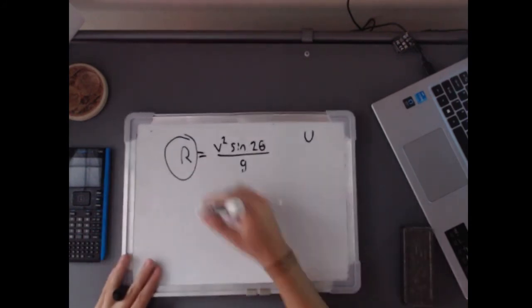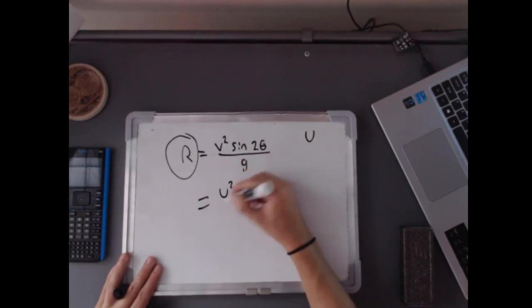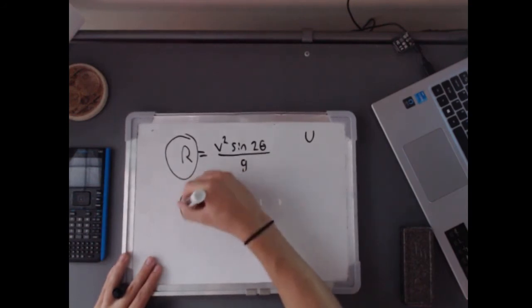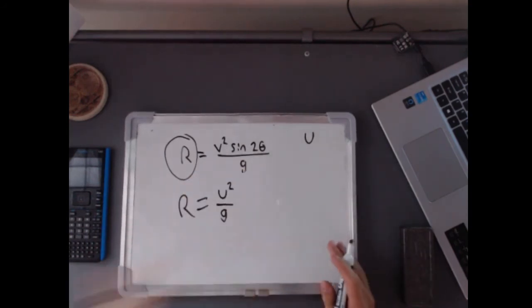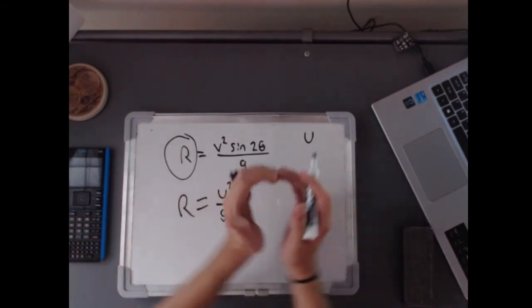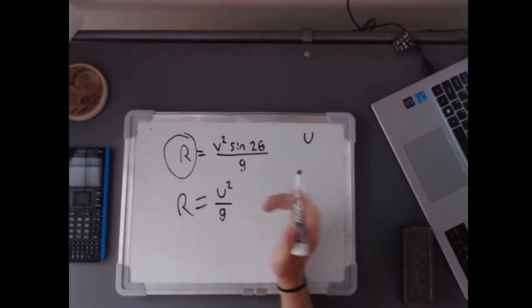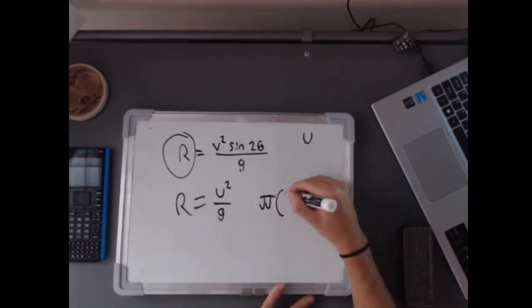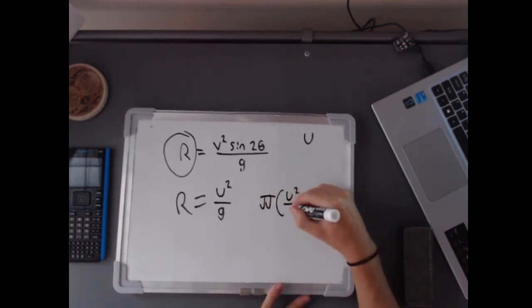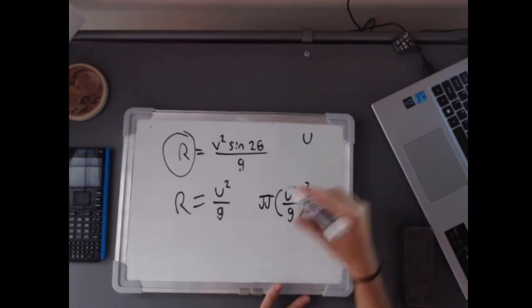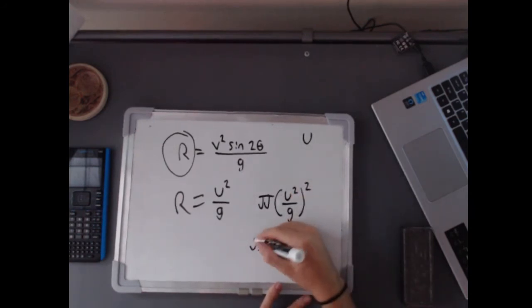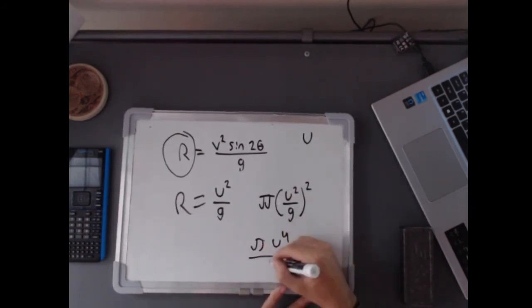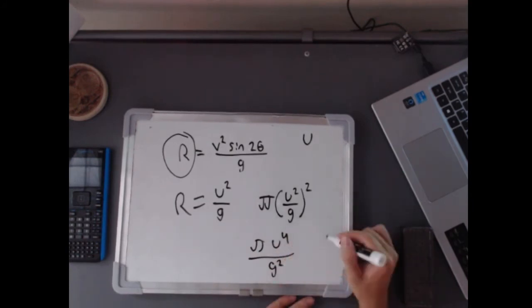So we have our maximum range, which is u squared over g. That is our maximum range, and as such, the maximum radius for the spread of bullets. Let's plug that into our circle equation. Pi r squared, where r is u squared over g, is equal to pi u to the fourth over g squared, or c.